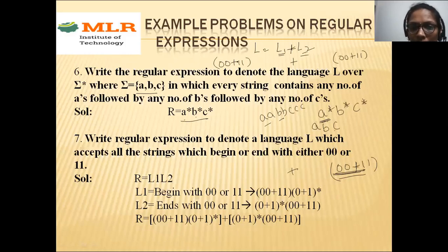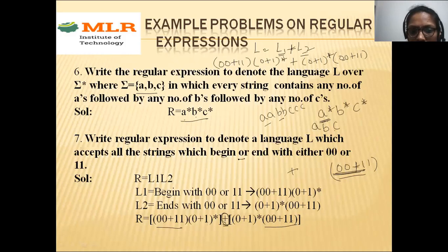Right? Now, if it is starting, after this you may have anything. If it is ending, before this you may have anything. So this will be our expression: starting with 00 or 11, or ending with 00 or 11. This is R. Why are you taking R here?